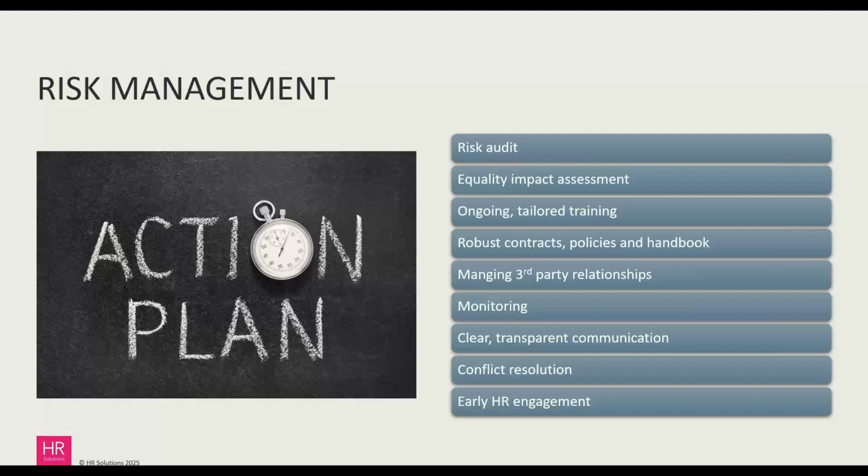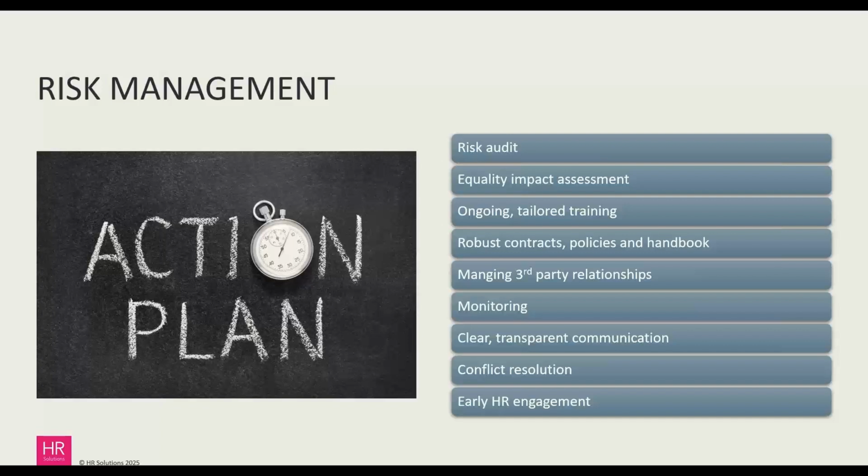And having that proactive approach, working with a HR partner team, helps you to build that strong defence from the outset, because HR can then guide managers on correct procedures, ensuring that if there are any disciplinary or grievance processes, they're followed fairly and consistently.